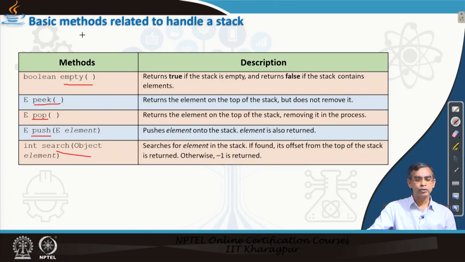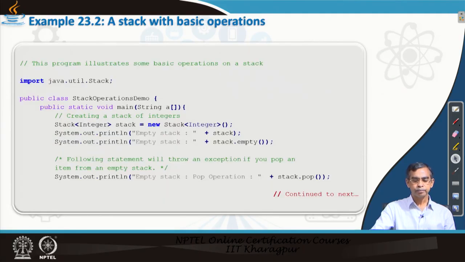So, these are the methods that are useful so far as stack related operations are concerned. Using these methods, let us see an illustration of how you can write a program where you create a stack, add some elements into it, remove them, and check the different operations called.